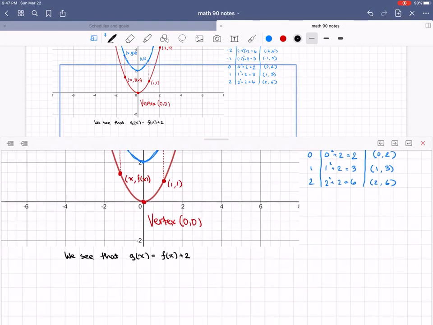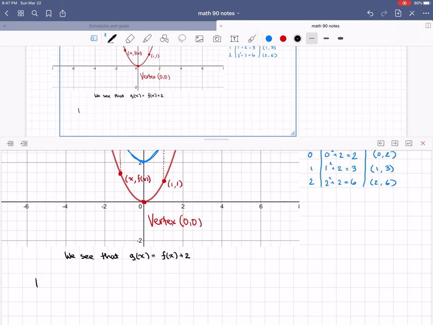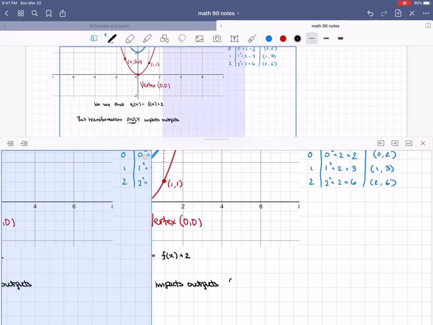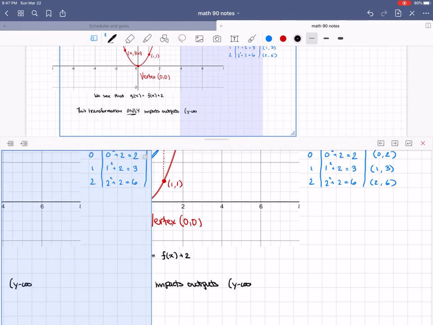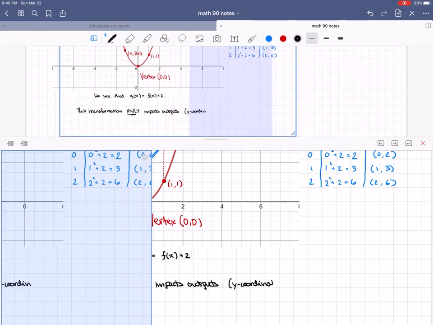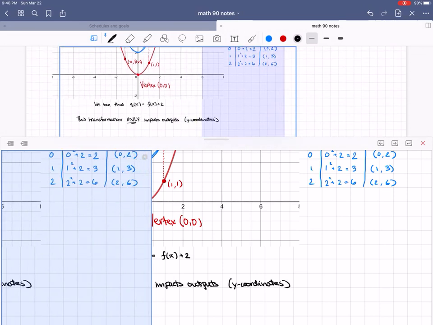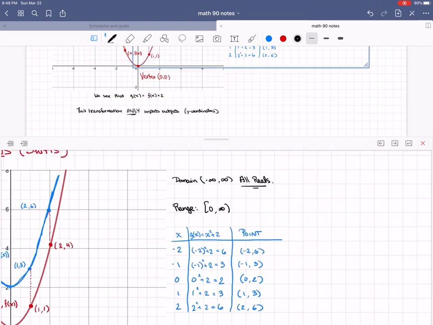So I'm going to write here this transformation only impacts outputs, or y-coordinates if we're talking about a graph. So you'll sometimes hear me refer to this as a y-coordinate transformation.